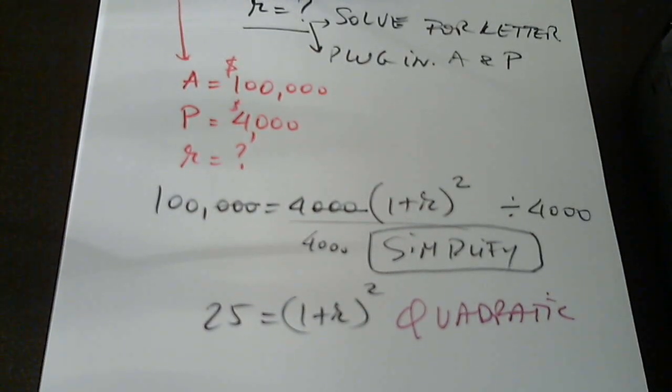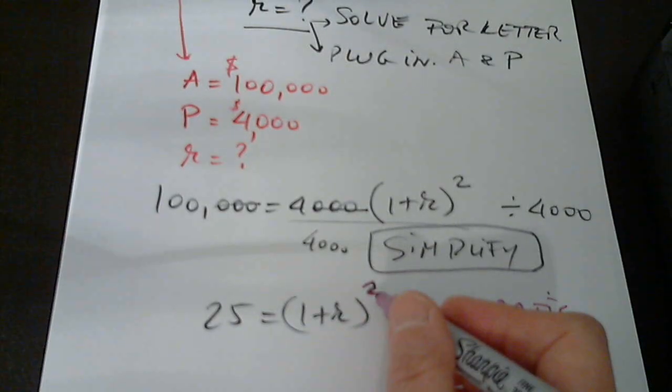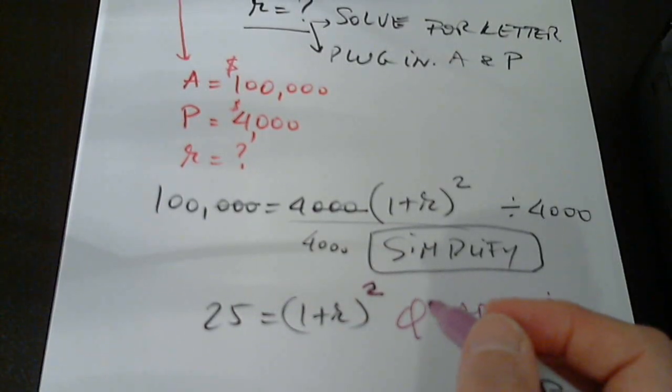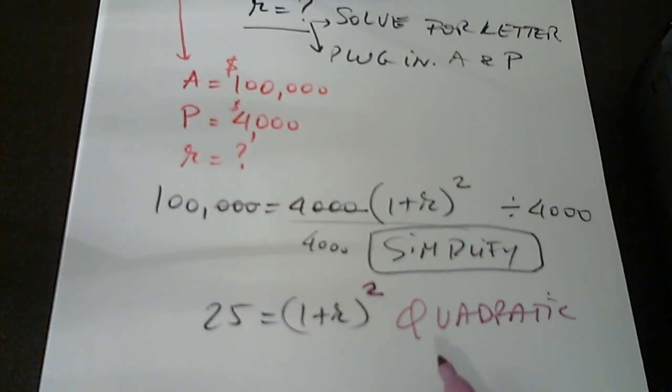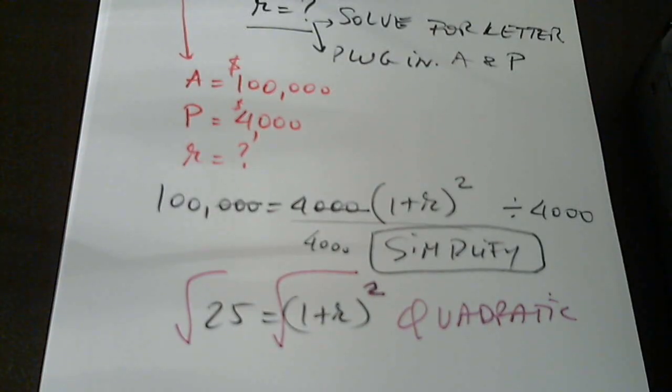So far we only looked at linear and quadratic. Because it has a power on the variable, exactly 2, not any power, I have to take the square root from both sides.